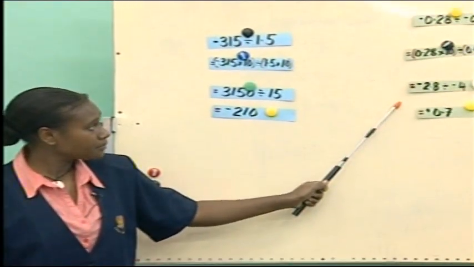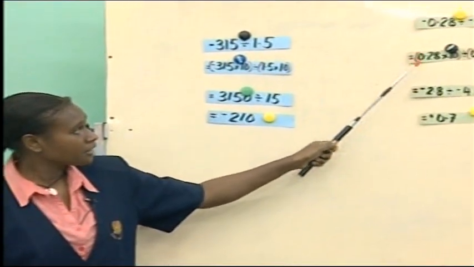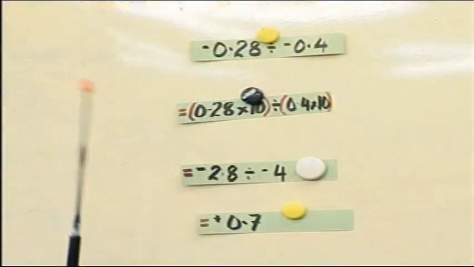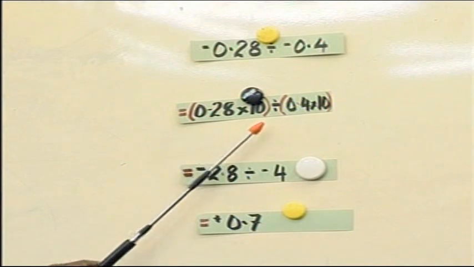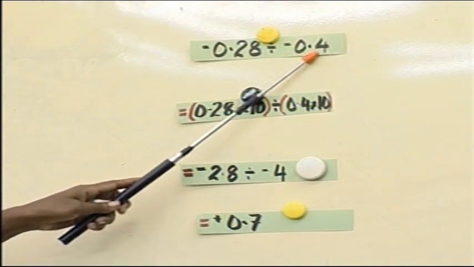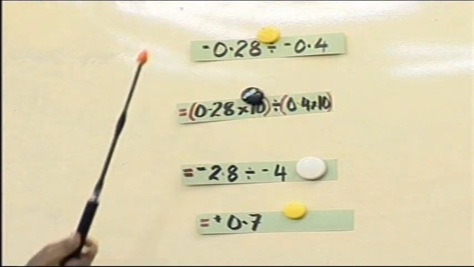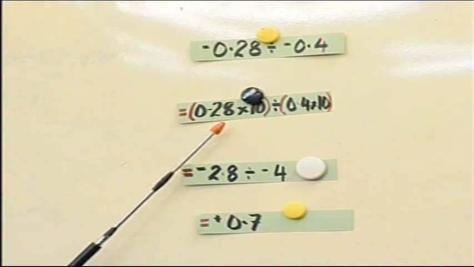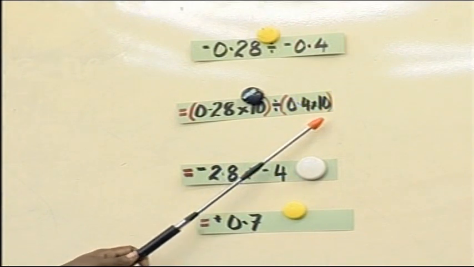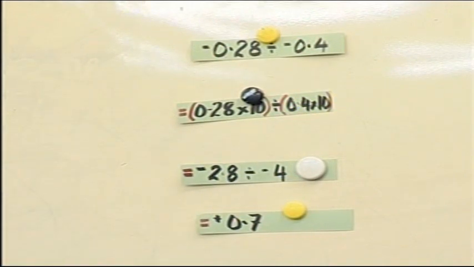Exercise 1B, negative 0.28 divided by negative 0.4. We multiply by 10 because there is how many numbers after the decimal point? 1. So 0.28 times 10 divided by 0.4 times 10. That is the second step to take. Then you should have your third calculation shown.